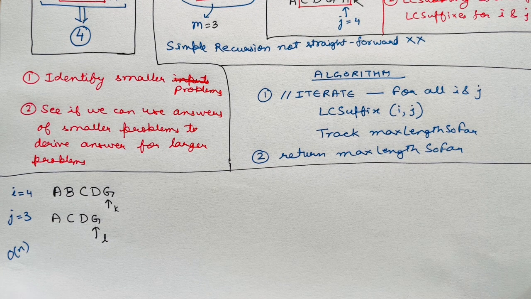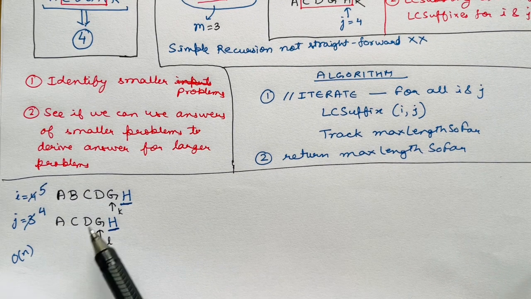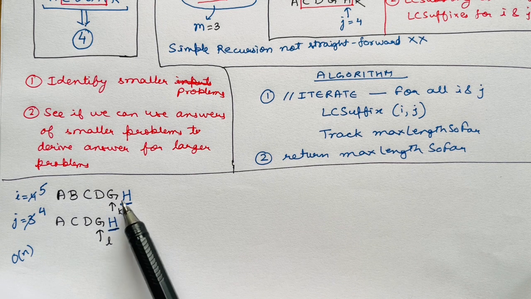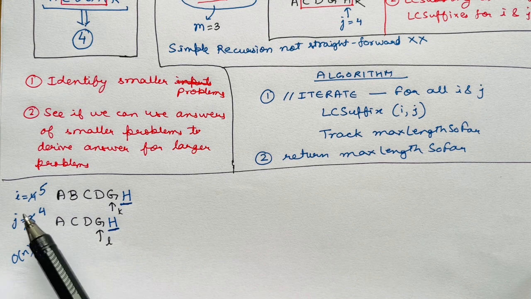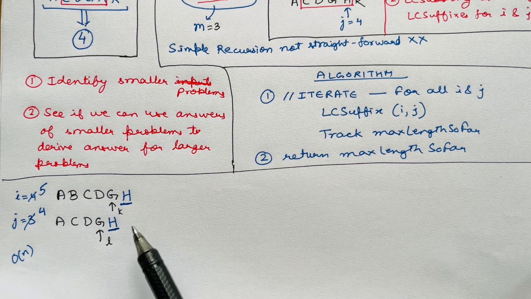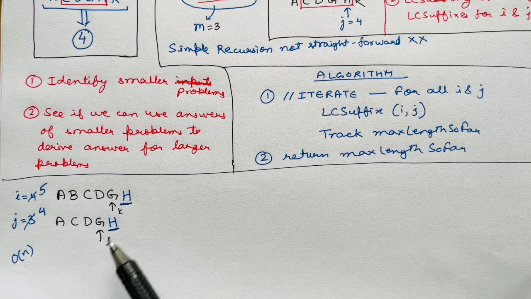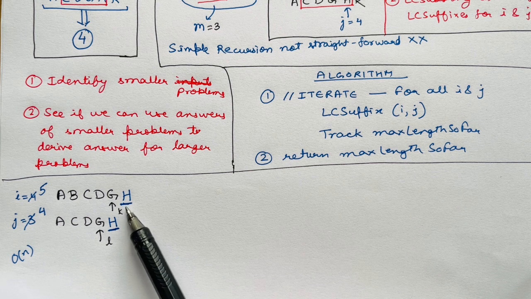How? Suppose we were dealing with a problem where both these strings also had h at the end of them. That means we were dealing with i equal to 5 and j equal to 4. Now again, if we have to compute the longest common suffix, how will we do it? If we go by the old way, we will have the two pointers at h and h in both the strings.